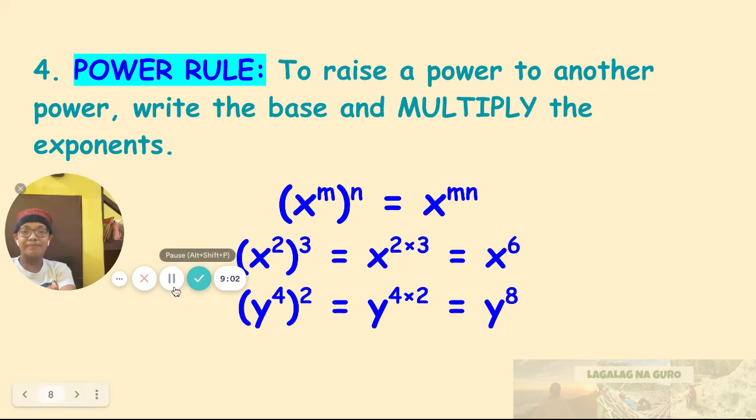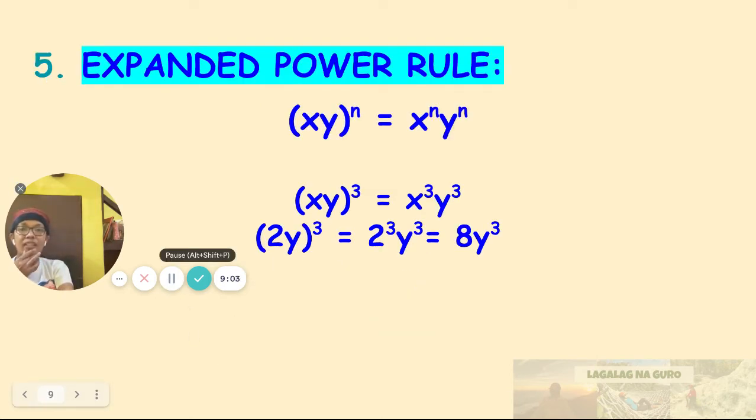Okay, so our next rule is the expanded power rule. It's quite similar to rule number 4, but we have two terms, x and y. What you will do is expand the exponent n.